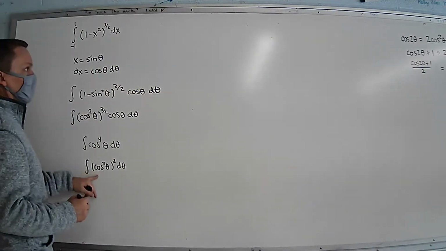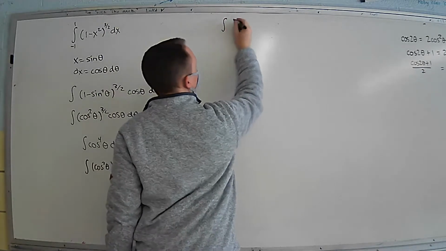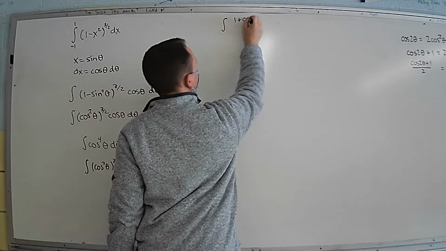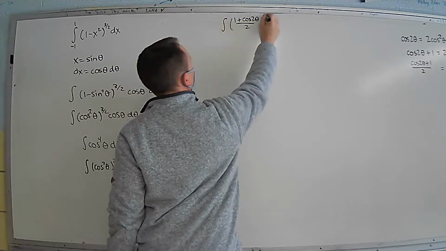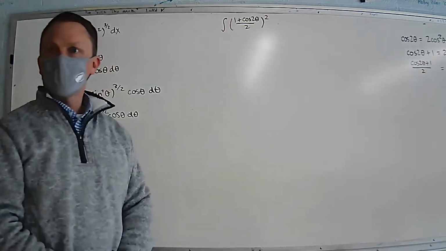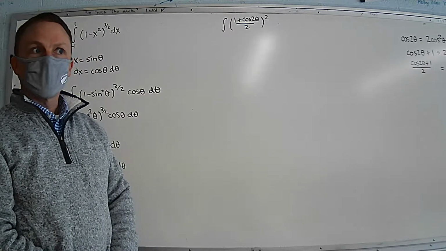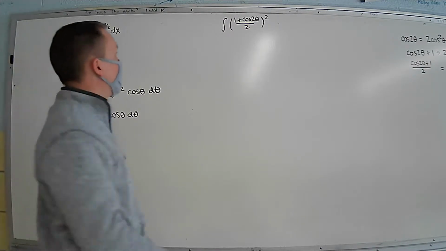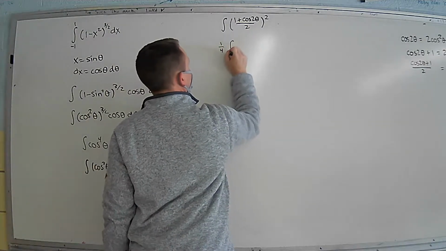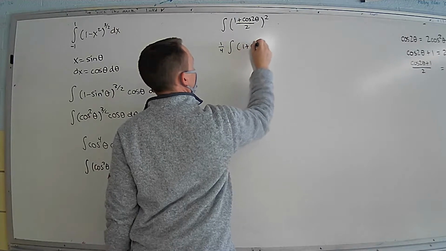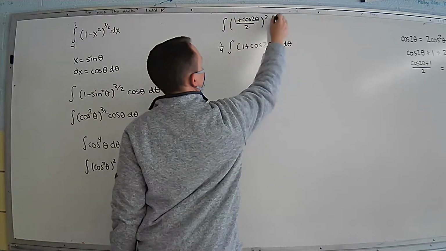Now this cosine squared, I'm going to say is equal to 1 plus cosine of 2 theta over 2, squared. Yeah? And if I square this 2 here in the denominator, that's going to be a 4. And this will make it cleaner for us. Oh, I forgot d theta. Forgive me.